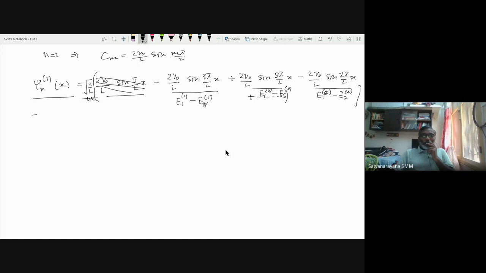Okay, so let us look at another example. Let's say that I have a harmonic oscillator. So consider my unperturbed Hamiltonian is p square by 2m plus half m omega square x square. Okay.